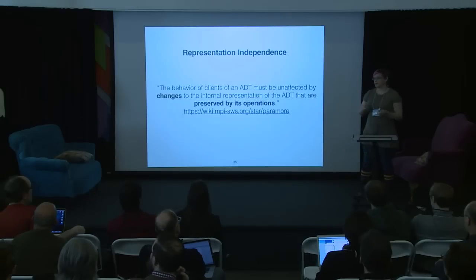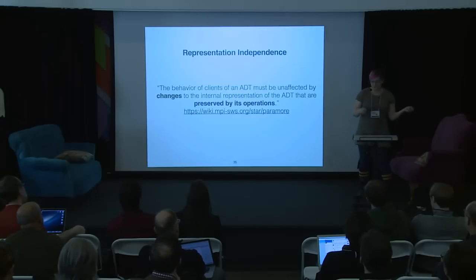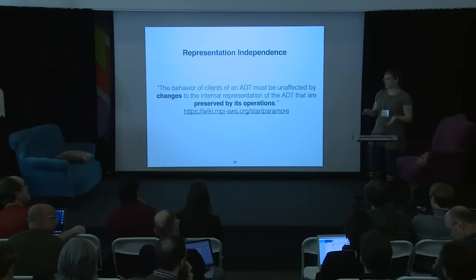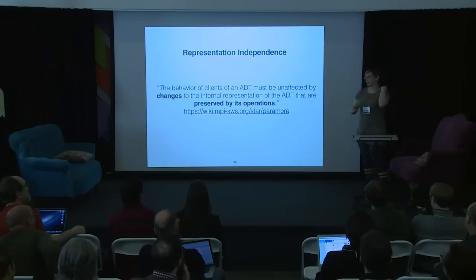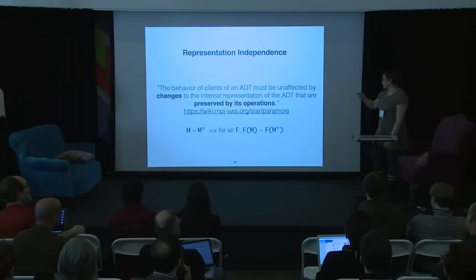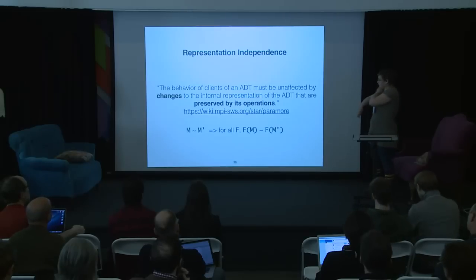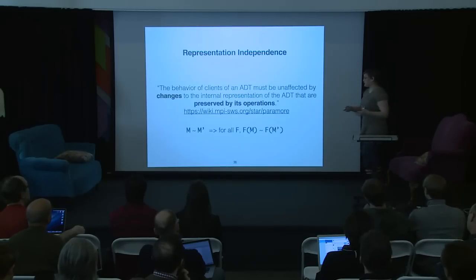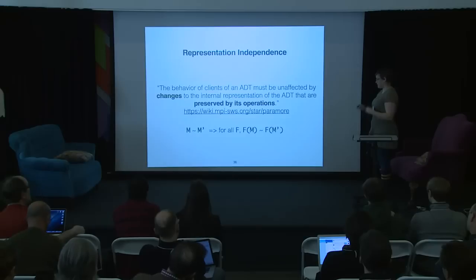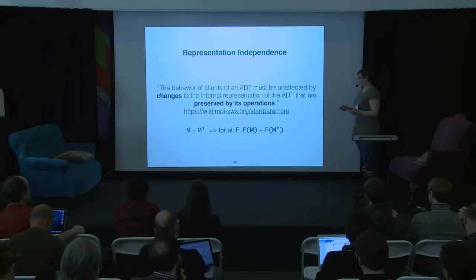Okay, so we can kind of see what this means for this example, right? We changed the underlying representation to include some extra data, but all of the operations that we were doing on this data preserved some invariant, something that we were looking for in the original implementation. This is saying that if there's some relationship between these two implementations, M and M prime, then any functor that makes use of M should behave the same way as the same functor applied to M prime.